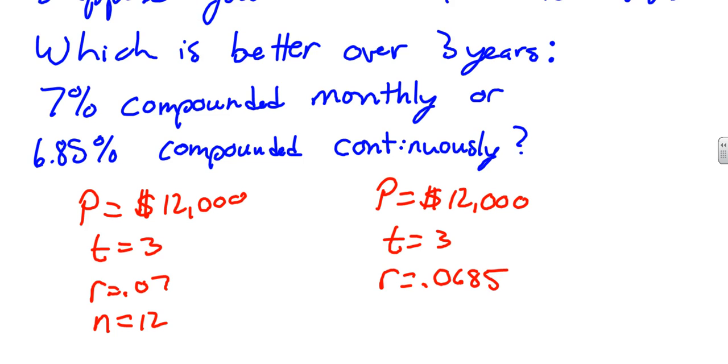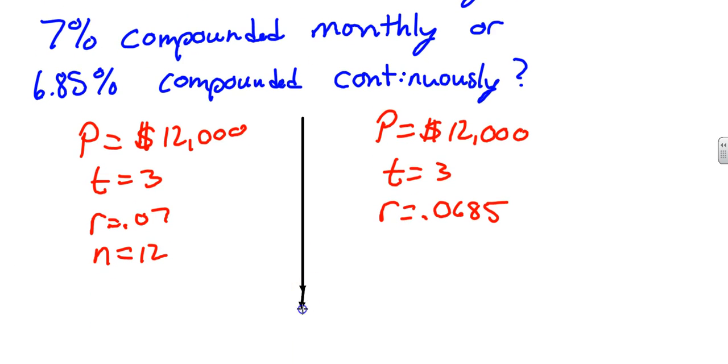And all we're going to do is we're going to do those two examples, and we're just going to see which one comes out to be better. Because continuous means we're going to have to use Pe^(rt).